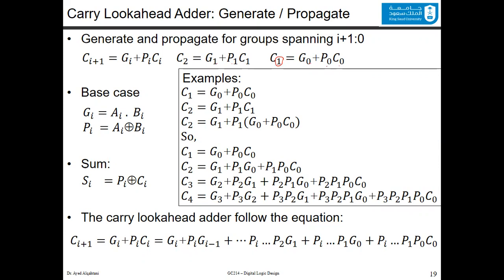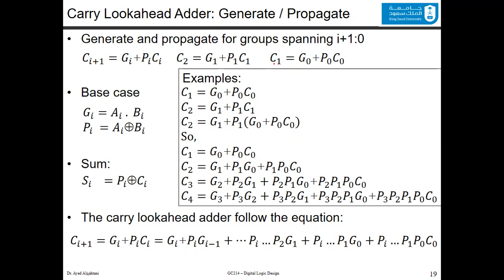So the idea behind the carry look ahead addition is to get the carry of every bit position. So we want to get the carry 1, the carry 2, the carry 3, the carry 4, and so on, based on how many bits you want to bundle together as a carry look ahead adder. So here are examples. So this is the C1.